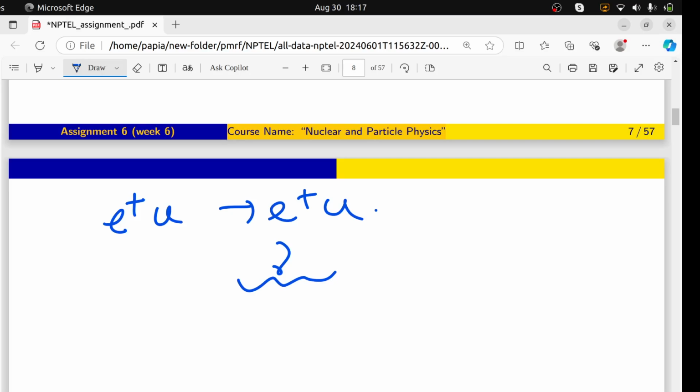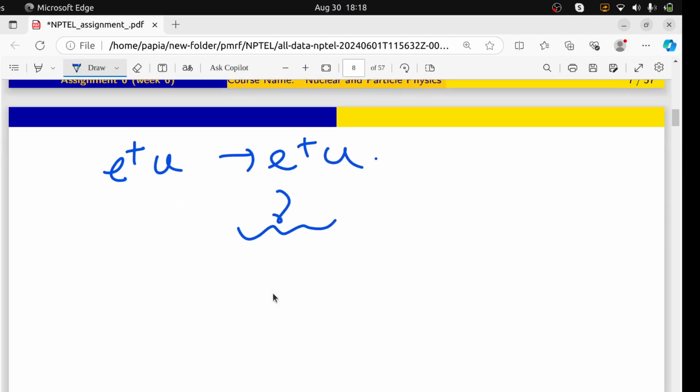Here e+ is a charged particle, and u is also a charged particle, with charge +2/3 e. So possibly e+ u going to e+ u can be governed by electromagnetic interaction. Now we have to check the Feynman diagram to confirm whether it is an electromagnetic interaction or not.